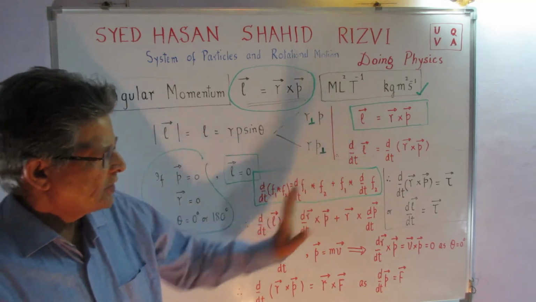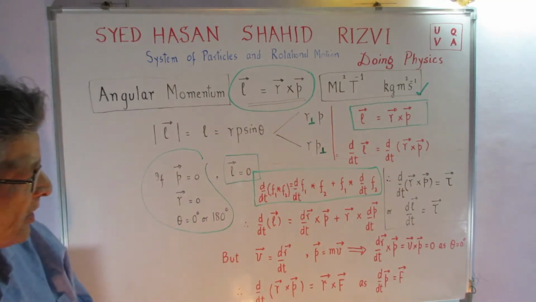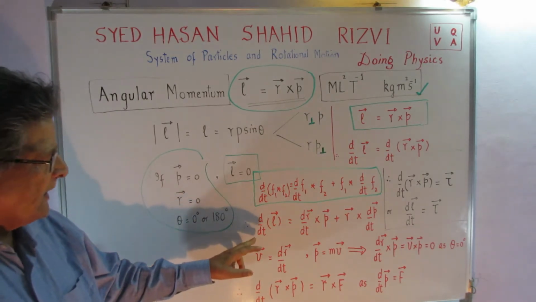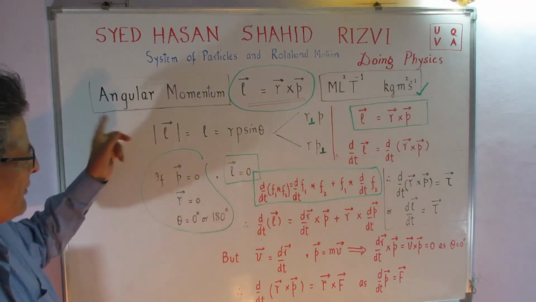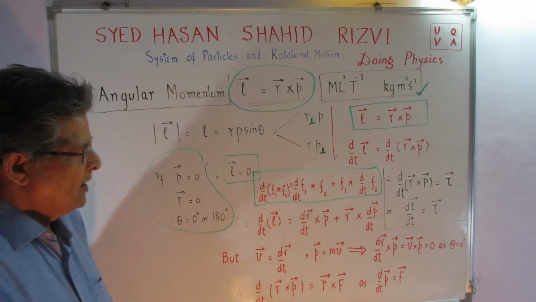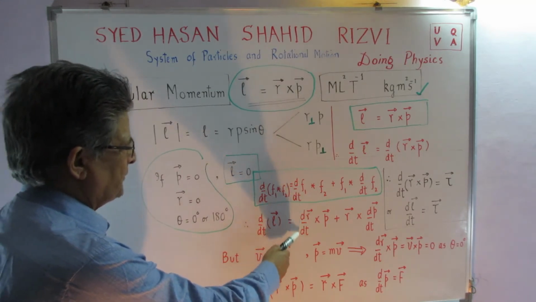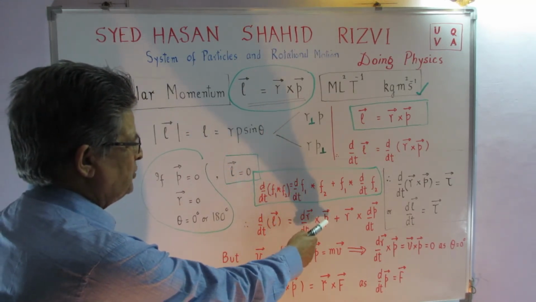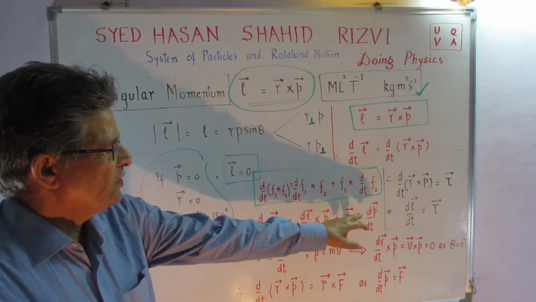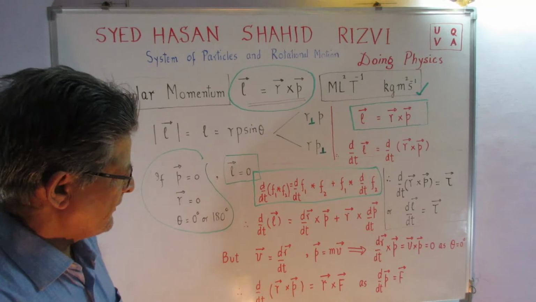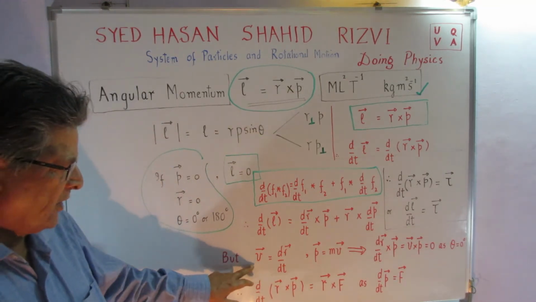So I have talked to you before, but now it is a specific case of cross product. So what I get is that d/dt of L, the angular momentum, is equal to dr/dt, the differential of the first function, into the second function, plus the first function into the differential of the second function. Now we know the definition of velocity.